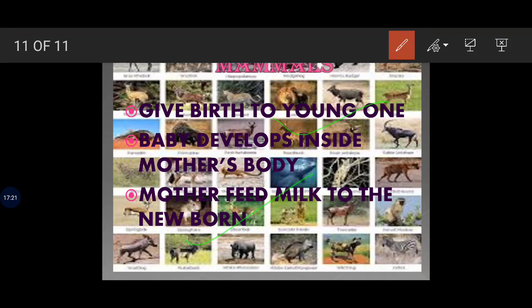These two are among the most important characteristic features of the mammals, which make them distinctively different: they produce their young ones, they do not lay eggs outside, and the mother feeds milk to the newborn. These are the important characters.